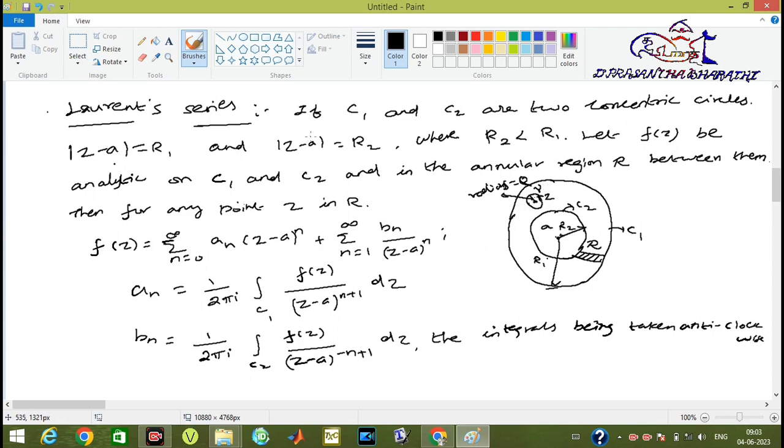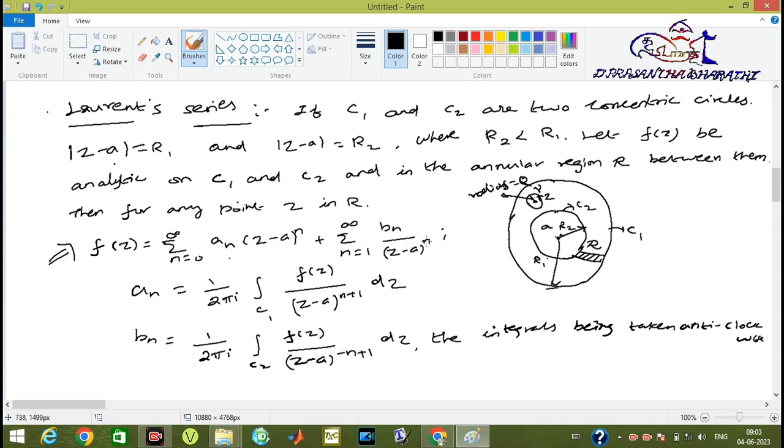After expanding this figure and explanation and after some derivation, we will arrive at this formula, the Laurent series formula. Here we are taking an multiplied by z minus a whole power n, and bn divided by z minus a whole power n.